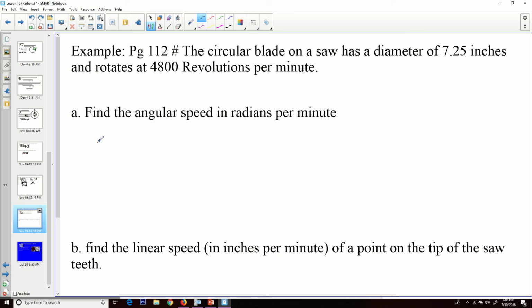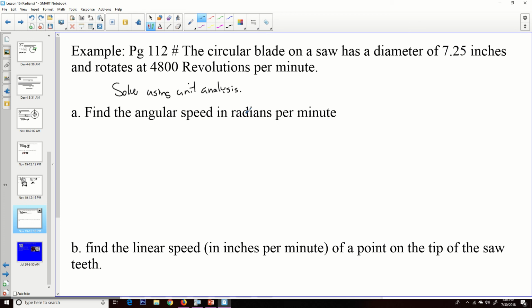Okay, so this is what we're going to solve using unit analysis. Some of you, if you've had chemistry, have probably done a little bit of unit analysis, and physics does it too.